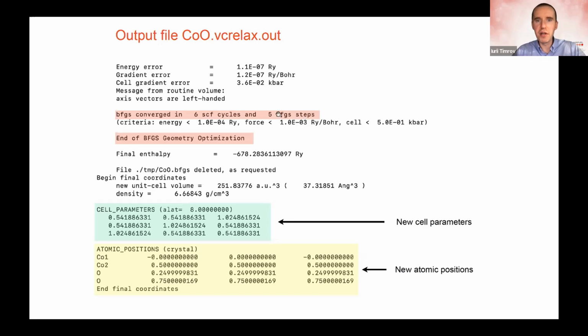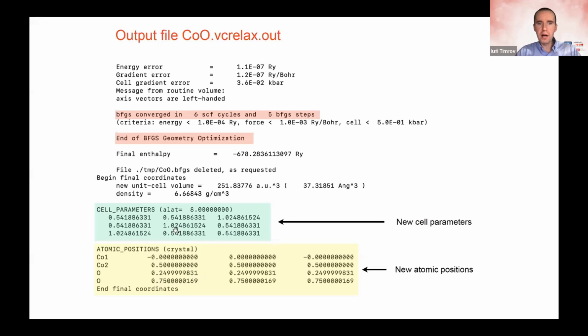For each new geometry, when the code displaced atoms in some way, it performed a new SCF electronic structure optimization. At the end of this run, you will see new optimized cell parameters and new atomic positions. You can see atomic positions are still in high symmetry positions. There is just some numerical noise because we use a bit too loose input parameters. But if you use tighter ones, you should reduce the noise.